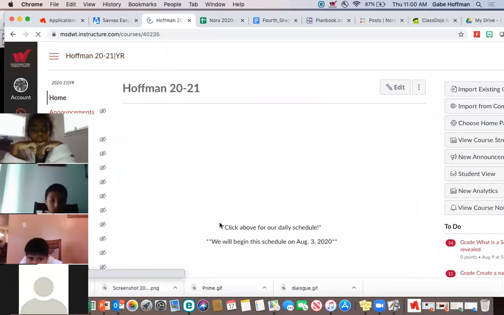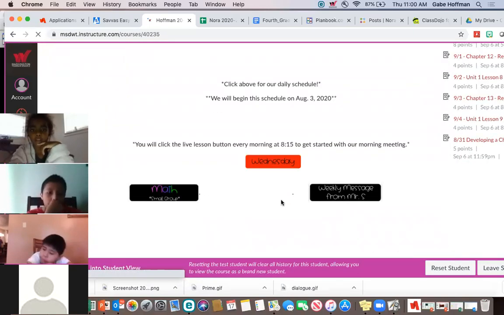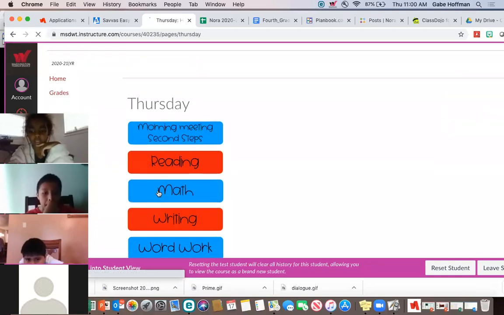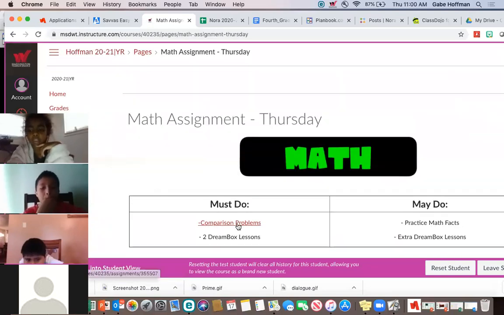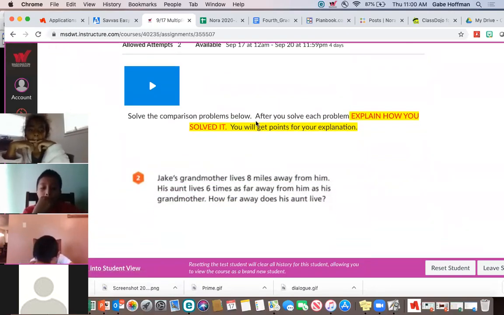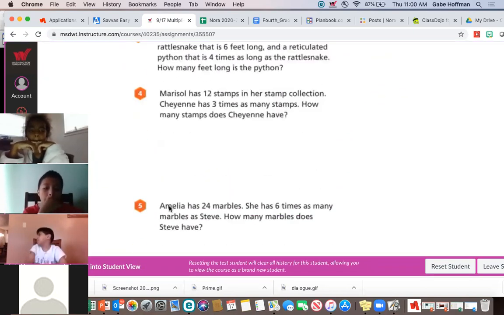I'm going to go to student view. If you go to math for Thursday, it says comparison problems, and it says solve the comparison problems below. After you solve each problem, explain how you solved it. So there are 4 problems right here, number 2, 3, 4, and 5.